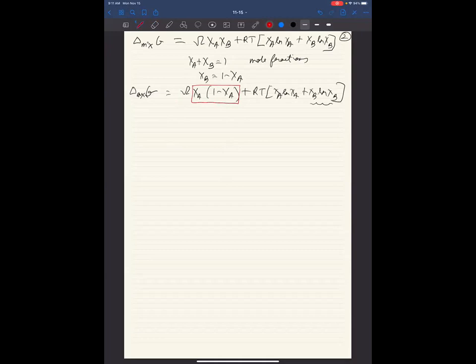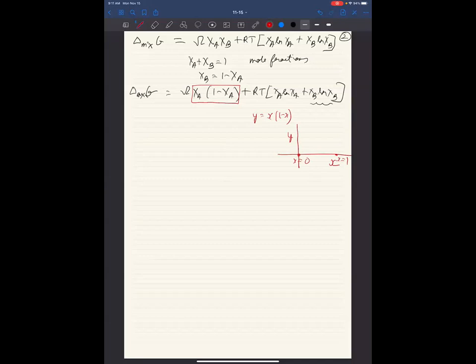Okay, so let me make a plot where I'm trying to plot y is equal to x multiplied by 1 minus x. So I have my y-axis and I have my x-axis. And I'm interested only in x going from 0 to 1. The mole fraction cannot be smaller than 0 or more than 1, right? So at x is equal to 0, what is the value of y?